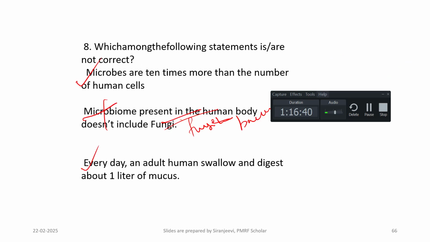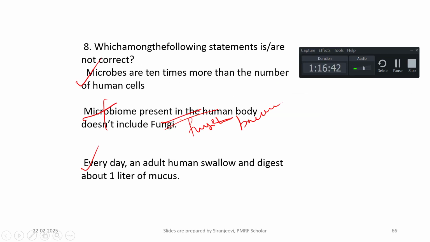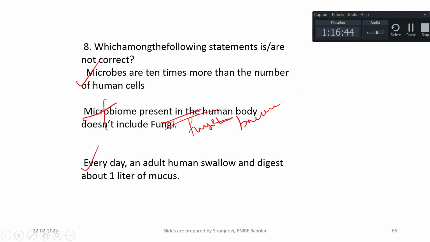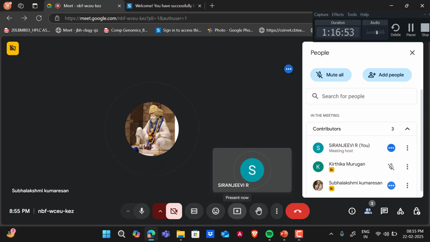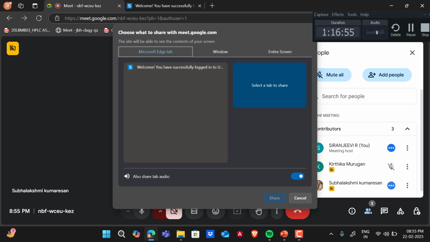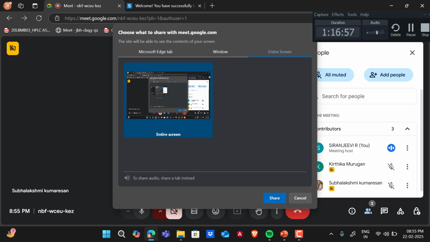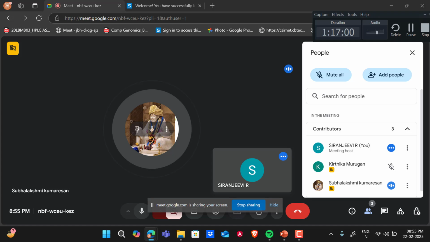That is also correct. The wrong answer is that microbiome present in the human body does not include fungi. That is a wrong statement because microbiome means all microbial things, virus, bacteria, fungi, algae, everything.